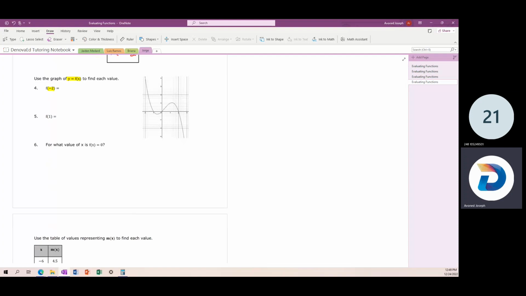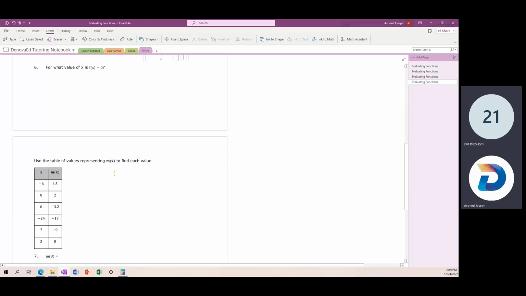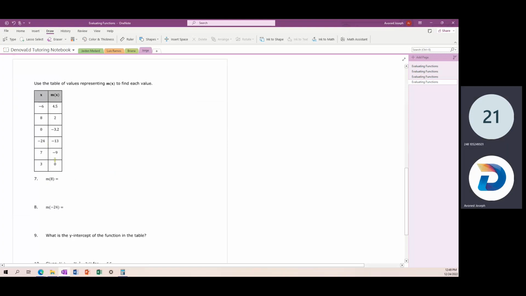Let's skip 4 through 6 for now, and then we'll go back to it. So let's go to number 7. They gave us 8 and -24 as our x values. Whatever they put for x, we're trying to figure out what m of x is equal to. Looking at the first column, 8 is equal to what on the right side? 2.